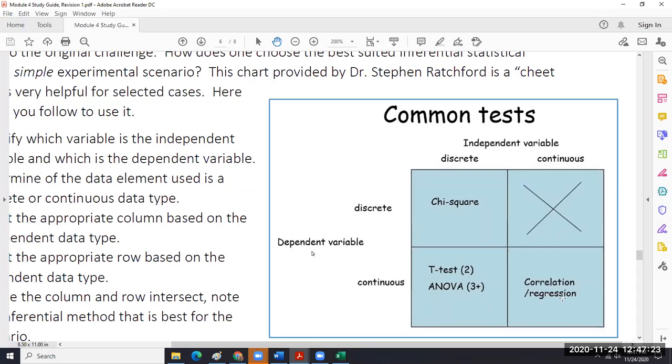Quite often in our experimental scenarios, you have continuous measures with independent variables and continuous data for the dependent variables. In that case, you're doing a regression analysis or a correlation analysis.